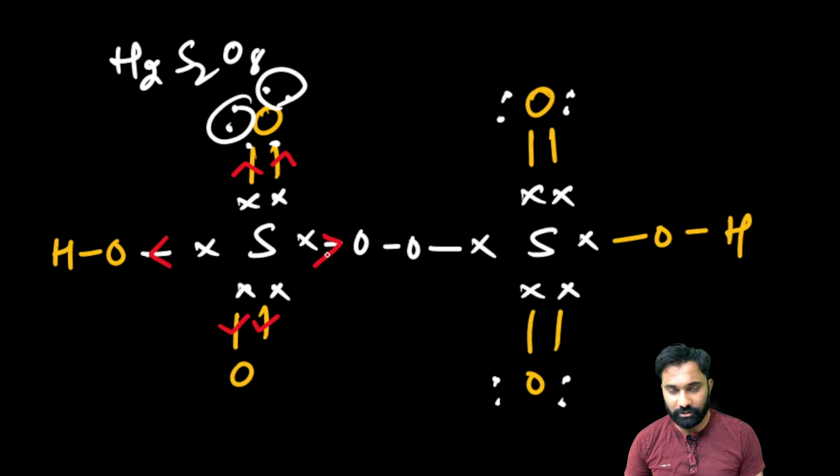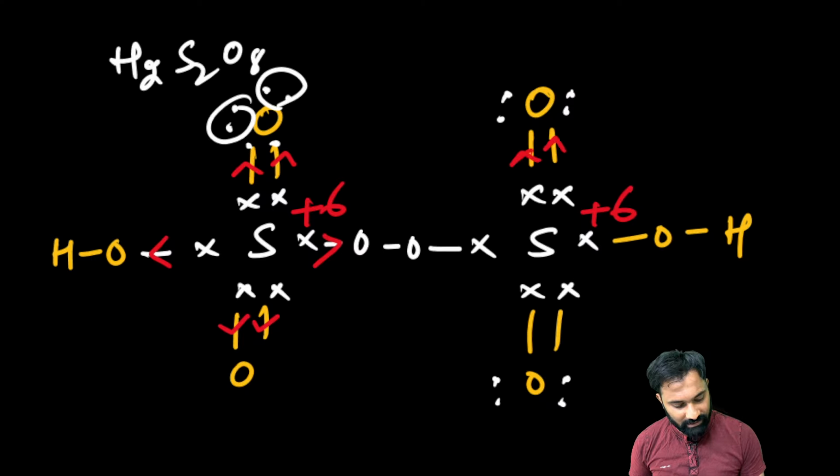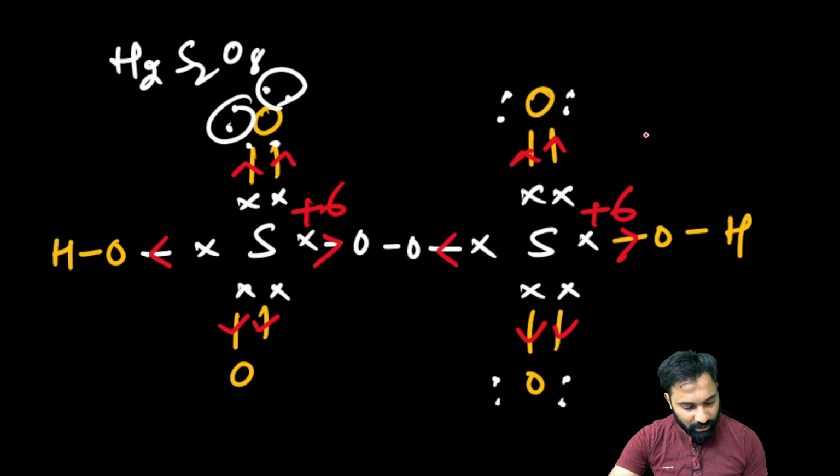Oxygen is more electronegative, so it drags 2 electrons here, 2 electrons here, and 1 electron here and here. So the sulfur is in the +6 oxidation state, because oxygen drags 2 electrons, 1 electron, 2, and 1. So in H2S2O8 the oxidation numbers are +6 and +6. Right? Now the next one.